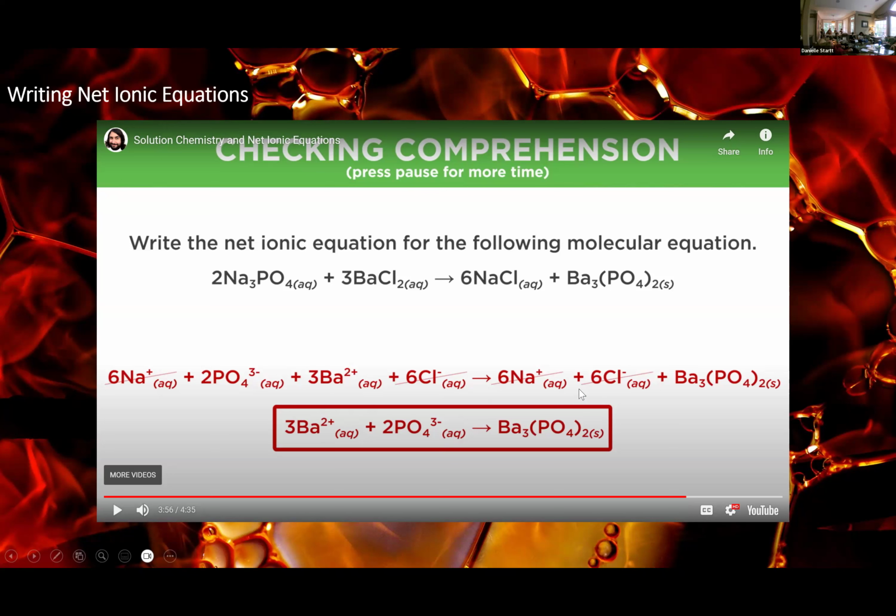Then over here, there is your NaCl. So he separated your sodium and your chloride. And then barium phosphate. What state is the barium phosphate in? Solid. It's a solid. So what would have happened if you mixed these two solutions together? They're going to form a precipitate.